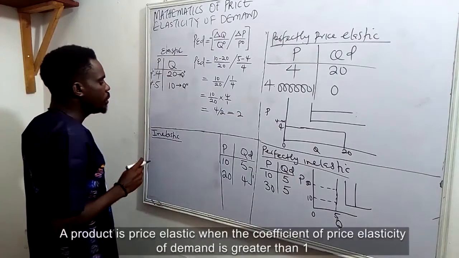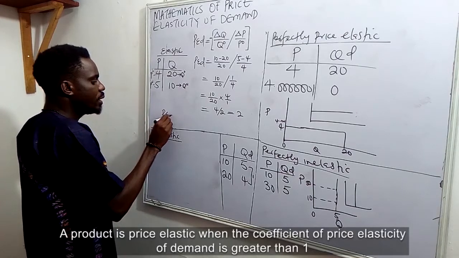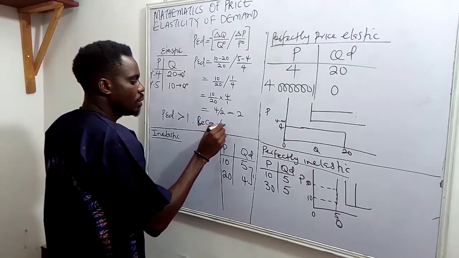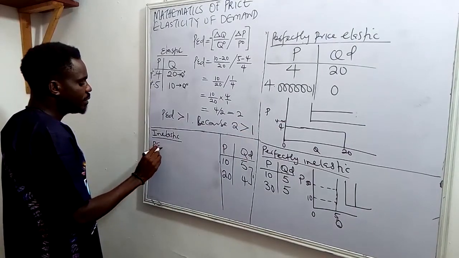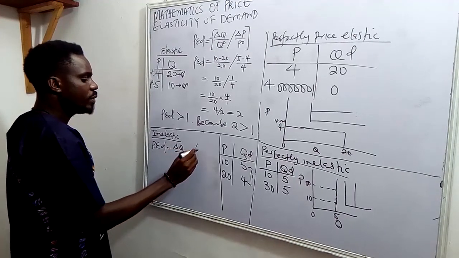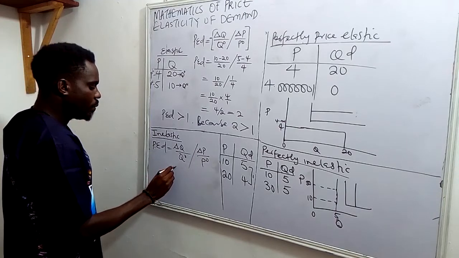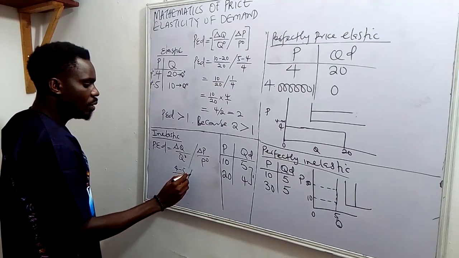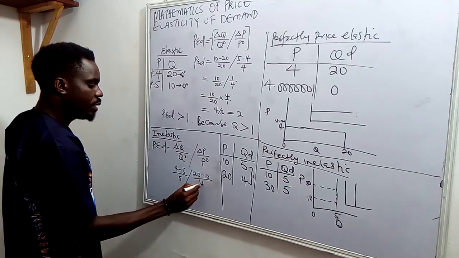As such, we conclude that the coefficient of a product that is price elastic is greater than 1 because 2 is greater than 1. For inelastic, coefficient of price elasticity of demand is change in Q over original Q, divide change in P over original P. Change in Q is 4 minus 5 divide 5, all divide 20 minus 10 divide 10.